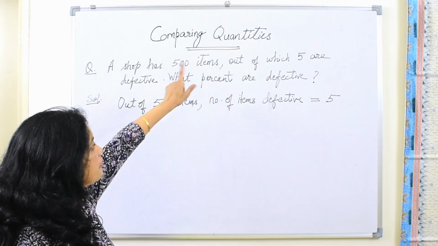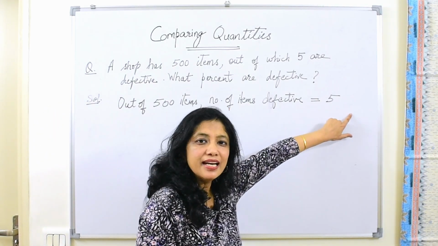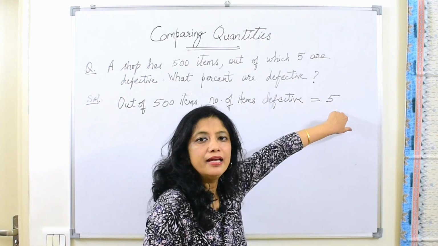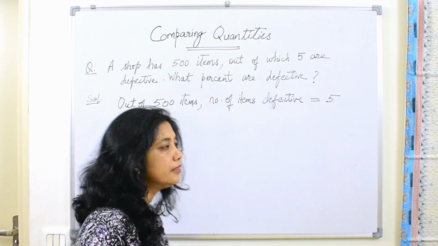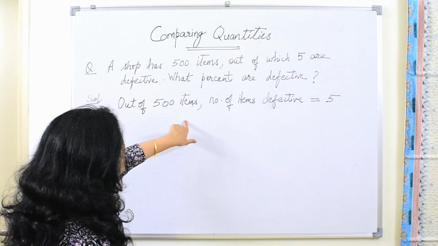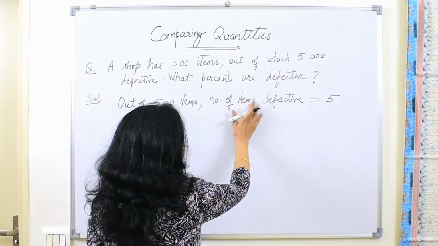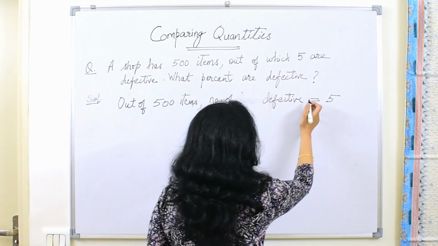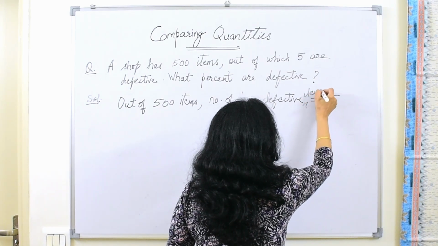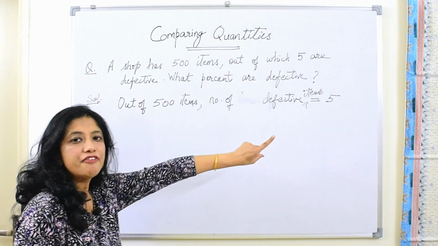So we will write the defective items on the right hand side of equals to. This we have done while we were studying the unitary method. So out of 500 items, the number of defective items is 5.